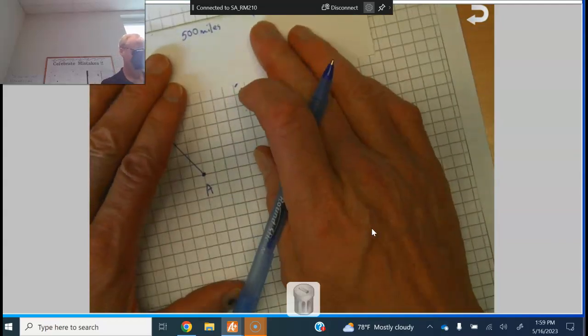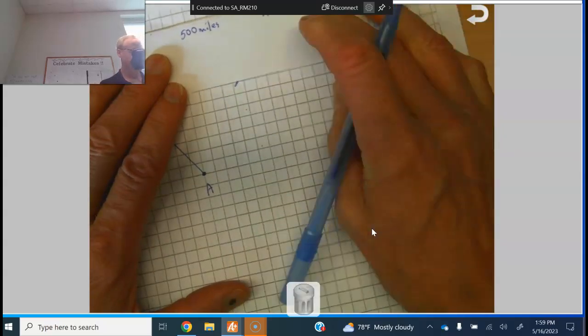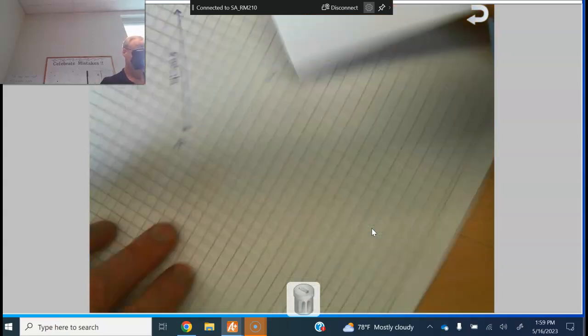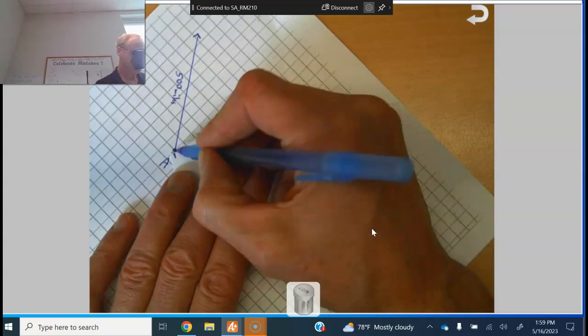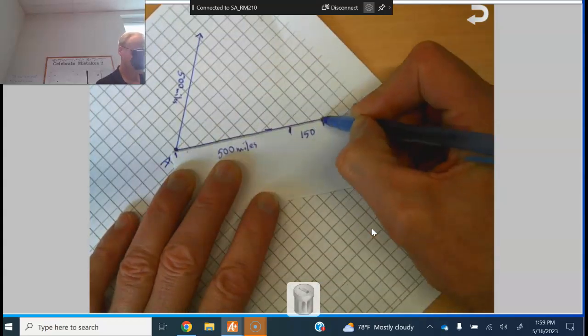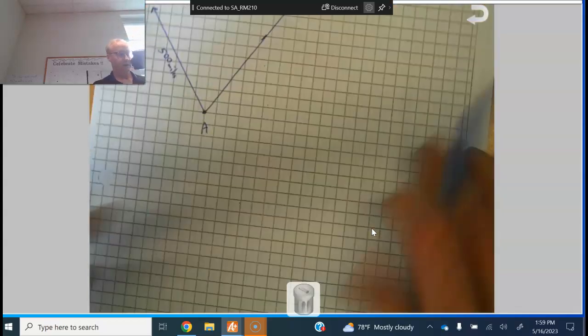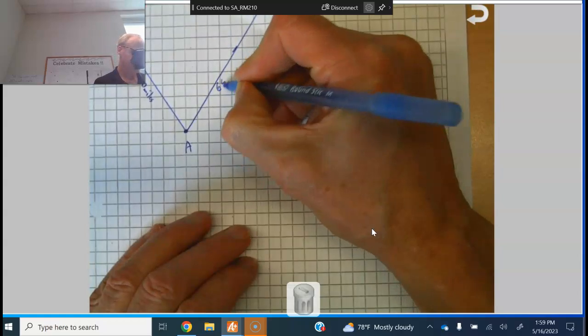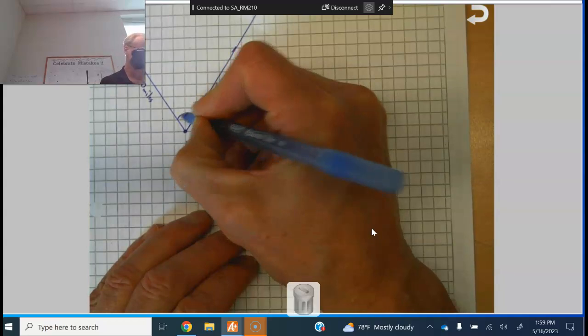This is 500 and 3 more make 650. So I'm going to measure this right here, 650 miles, where this is 65 degrees.